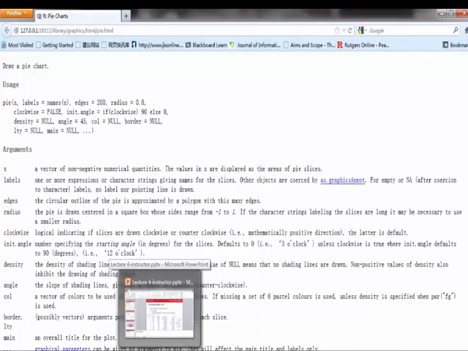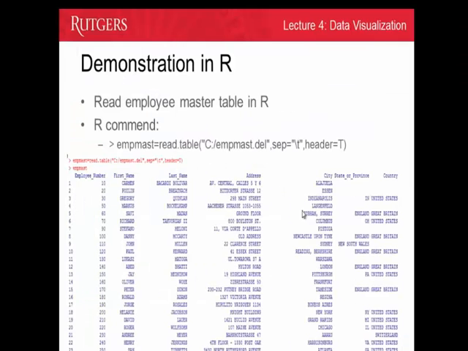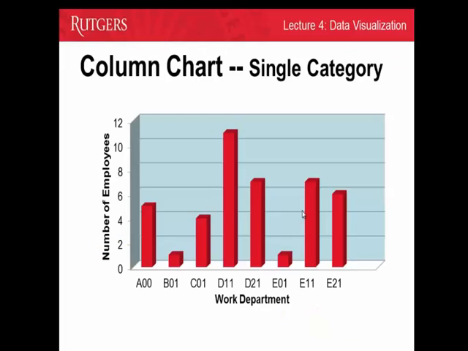Okay. Now after the pie chart, we go to the second type of chart. It's called a column chart. The columns in the column chart are constructed to show the frequency or relative frequency for each category.